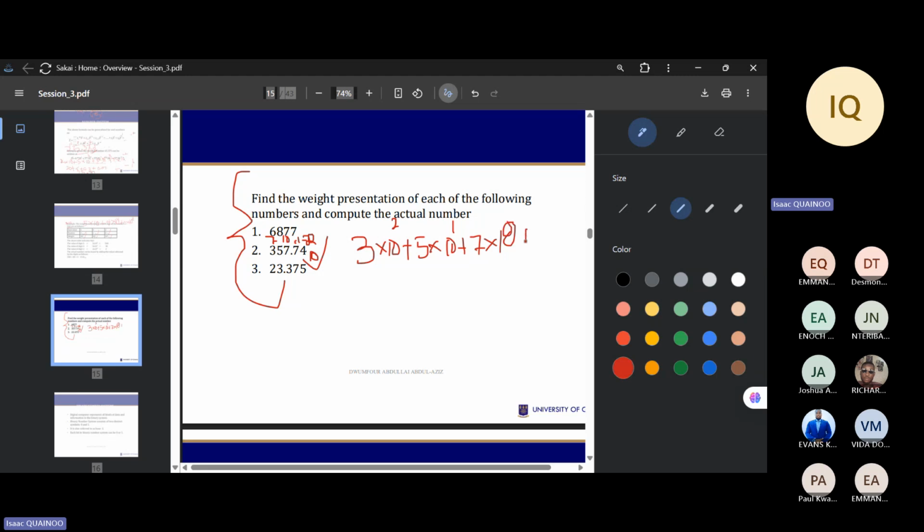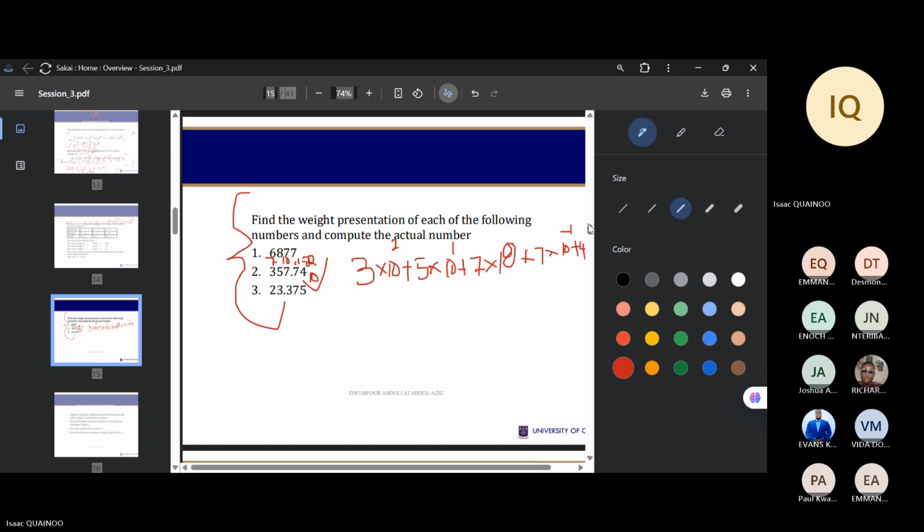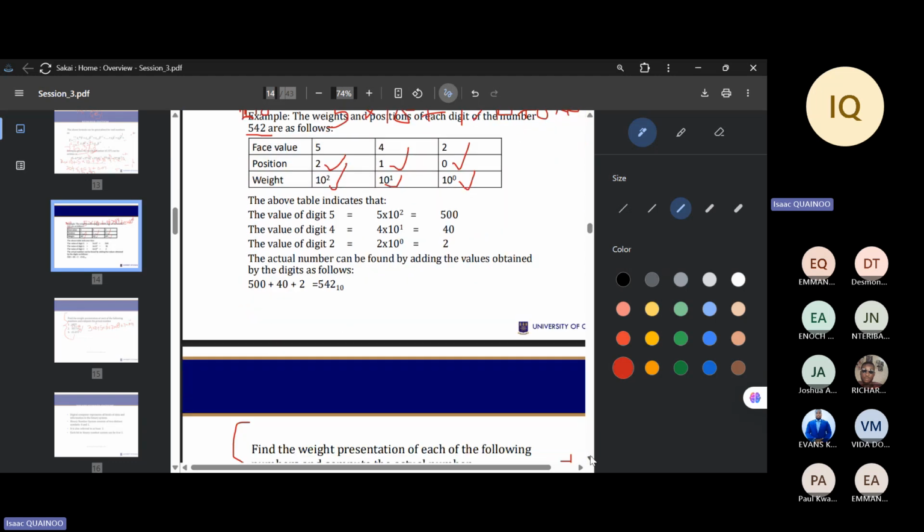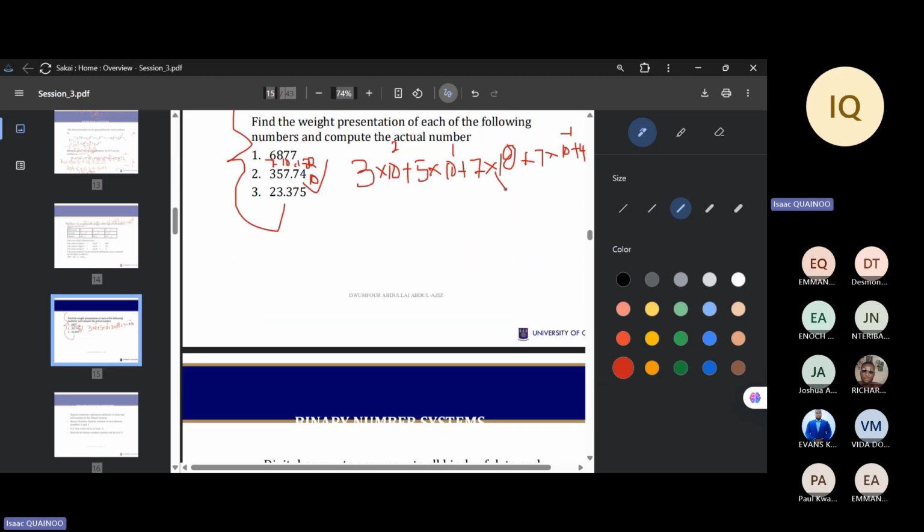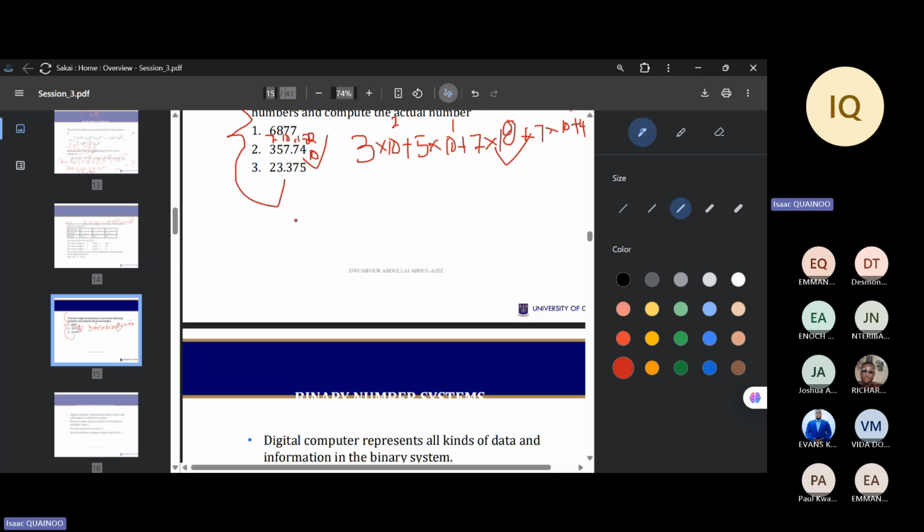Then we look at the negative values. We have 4 times 10 raised to the power -1, and then 7 times 10 raised to the power -2. So we have B sorted. Use that method to compute everything there.